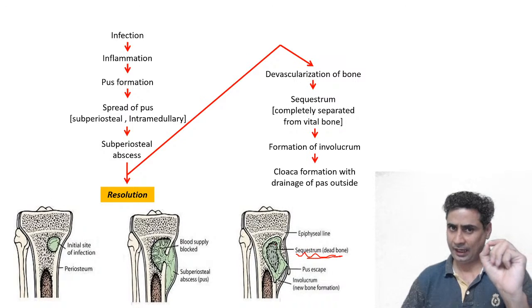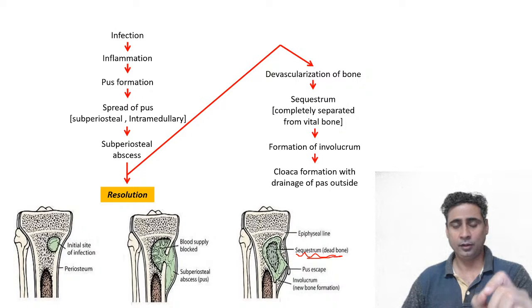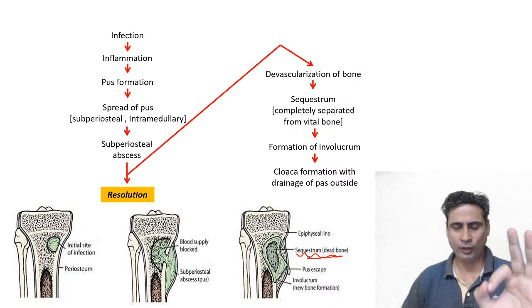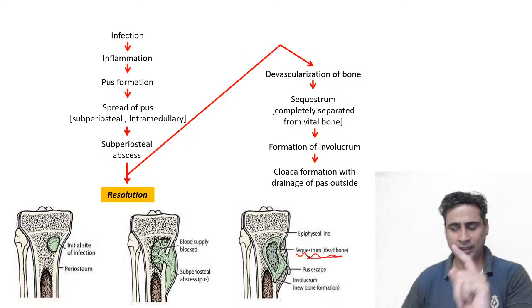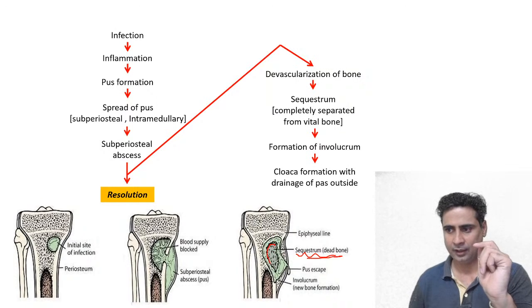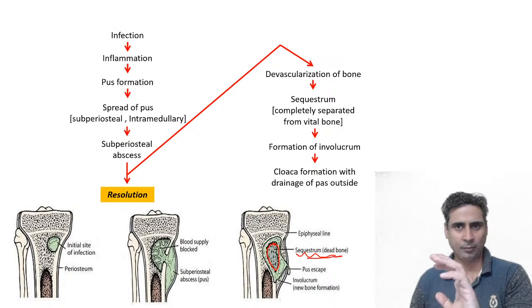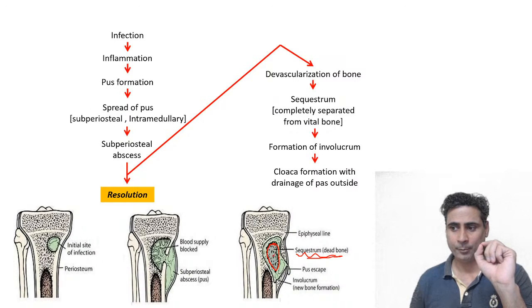So neither antibodies, that is the immune system of the body, nor antibiotics from outside can reach this area, because it is devitalized bone with no connection with vitalized bone, no blood supply. That is why this is the preferred site for the organism.